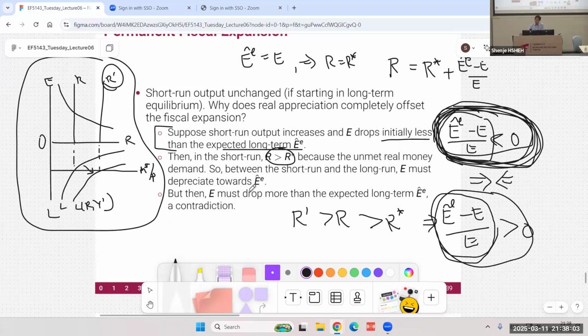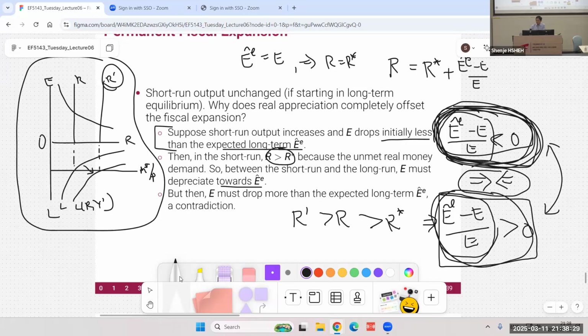Because R has increased, carry traders come in, and to restore UIP, they must believe this: expected depreciation is positive, and E must depreciate towards E. This must be positive. But these two things cannot coexist. They are a contradiction. They're opposites. So that's what this symbol means, contradicts.